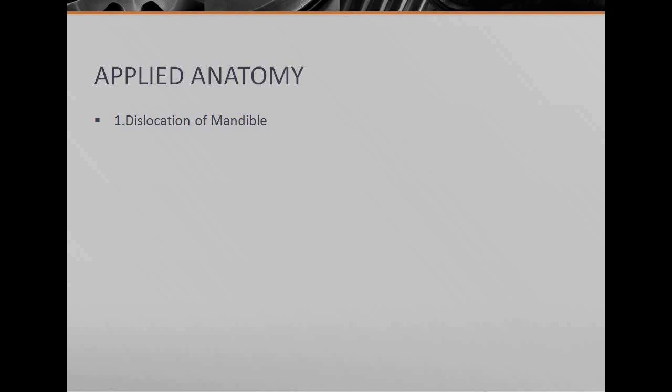Then you should know about the articular disc. Next, we studied the relations of TMJ, blood supply, nerve supply, the movements that occur in the TMJ, and the muscles that produce movement. The last thing is applied anatomy, that is dislocation of the mandible. So this finishes the temporomandibular joint. Thank you.